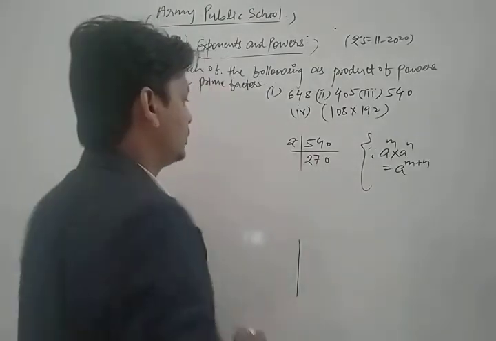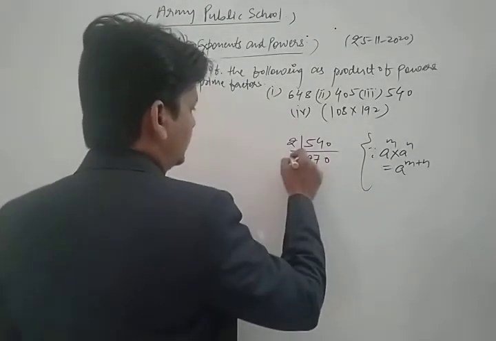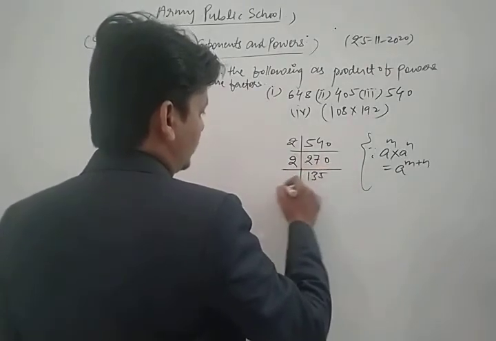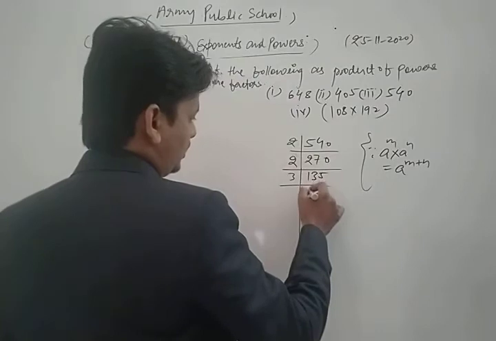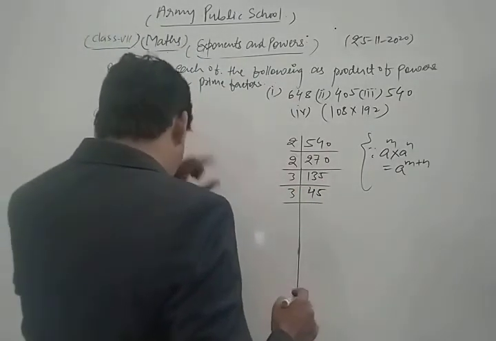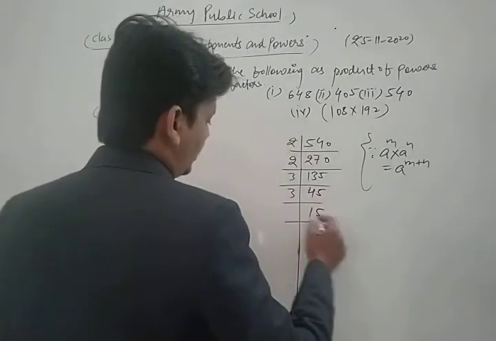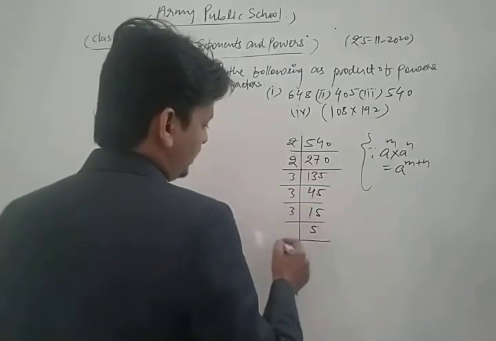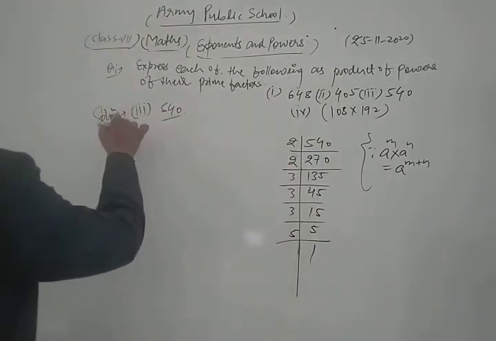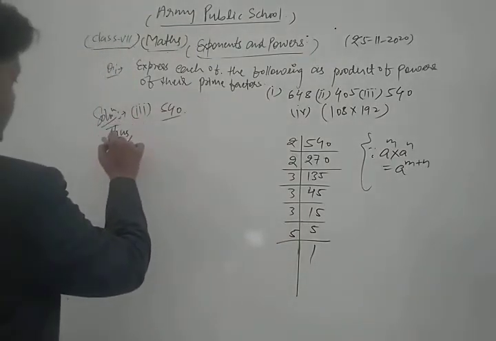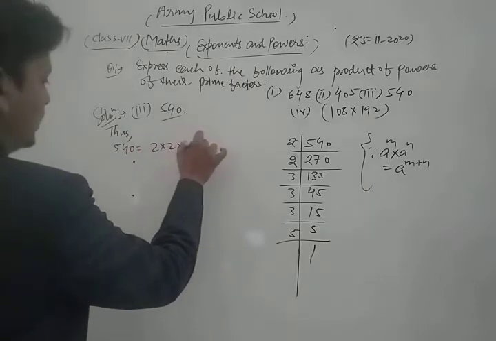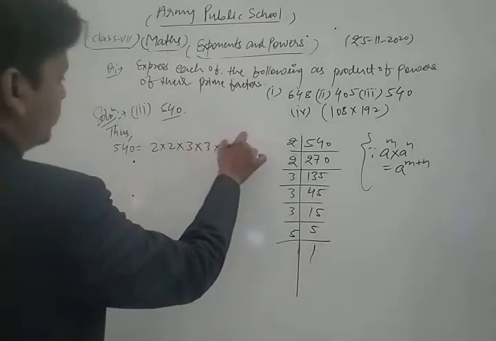Again by 2, we get 2 1s are 2, 2 3s are 6, 2 5s are 10. Now 3 4s are 12, 3 5s are 15, again by 3, and then by 5, this is 1. Thus we write 540 as 2 into 2 into 3 into 3 into 3 into 5.